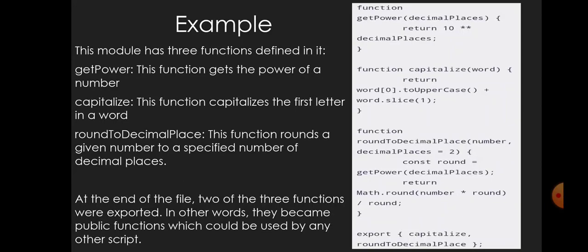It says export, and then it has the names of two functions, capitalize and roundToDecimalPlace. This tells us that these two functions will be put into the public code, which could be used later on for various other programs or modules.